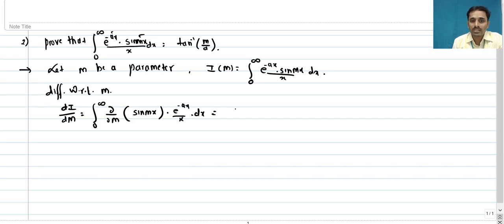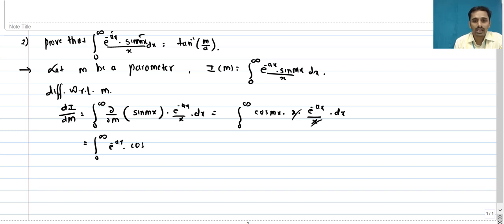So this is nothing but the integral from 0 to infinity of the derivative of sine mx, which is cos mx into the derivative of mx with respect to m, which is x, and e raised to minus ax upon x is also there. So here x gets cancelled and we get dI upon dm as the integral from 0 to infinity of e raised to minus ax cos mx dx.